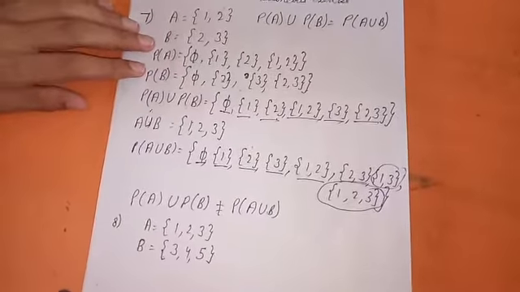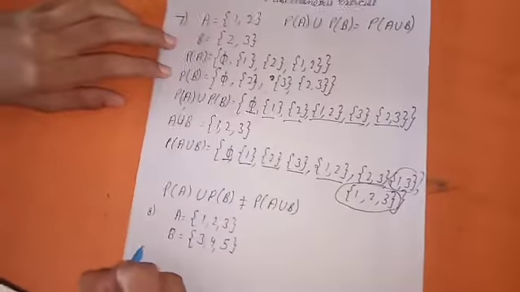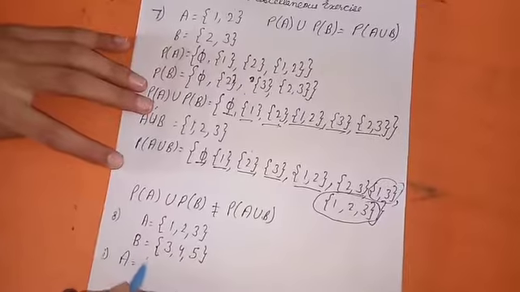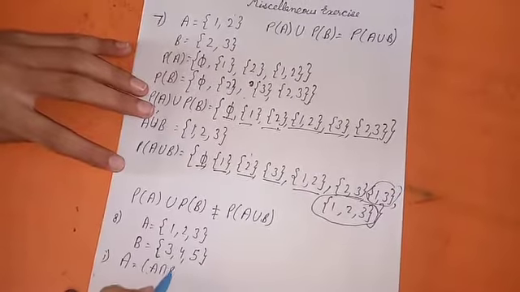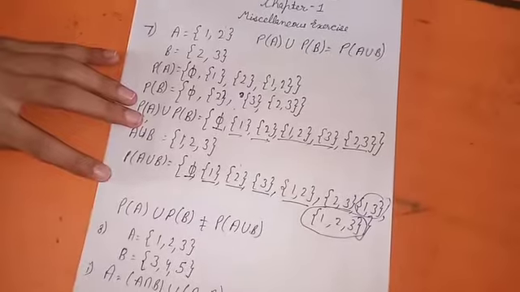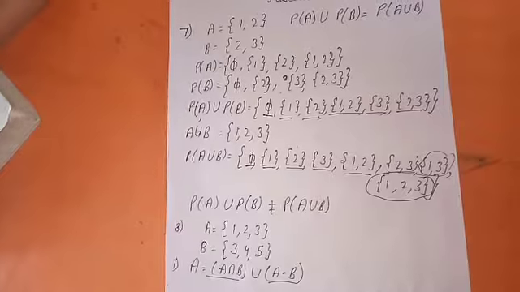Okay. Now they are asking us to show two things. First is A is equal to A intersection B union with A minus B. Okay. So first of all we are going to find this and this, then we will take the union.